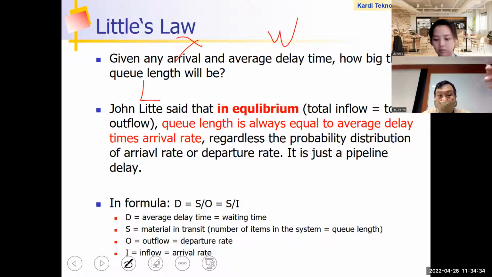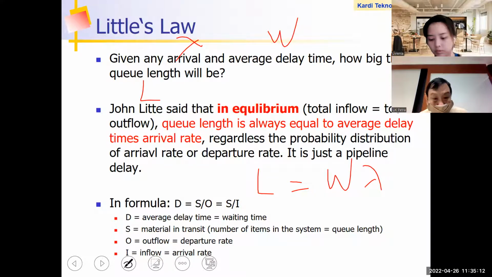John Little said that in equilibrium, in steady state, the total inflow is equal to the total outflow. When we talk about IFN, the ideal flow network, later on, we will talk about this also. In equilibrium, total inflow equals total outflow. That means the queue length L is always equal to the average delay W times the arrival rate lambda.